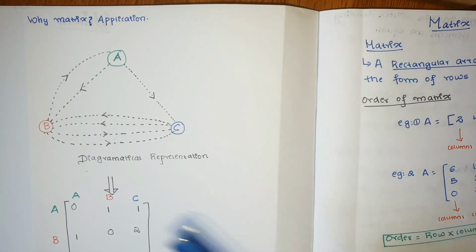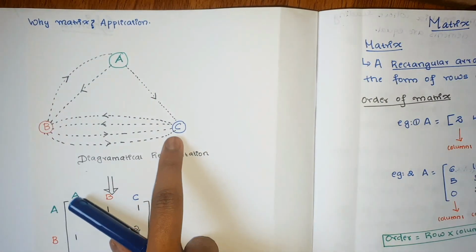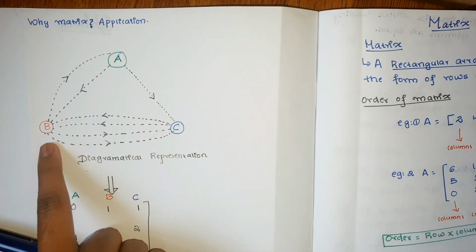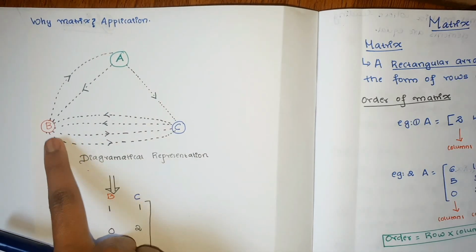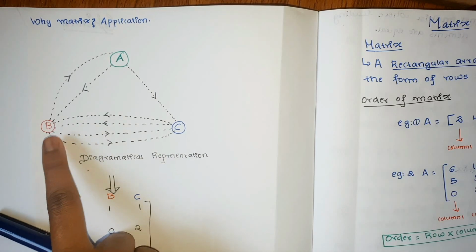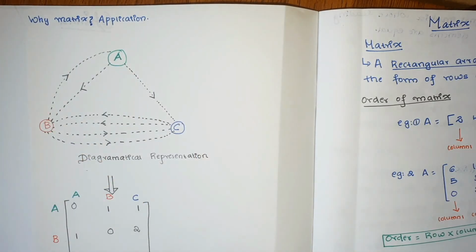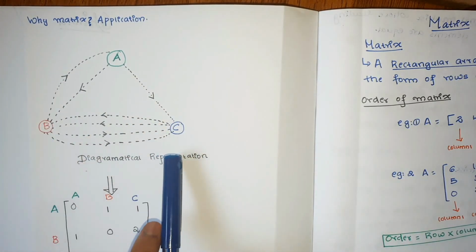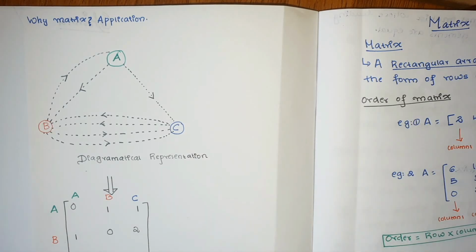B is passing to C, C is again passing to B. So there are so many passes, A to B, B to C. This is a diagrammatic representation of this warm-up session.